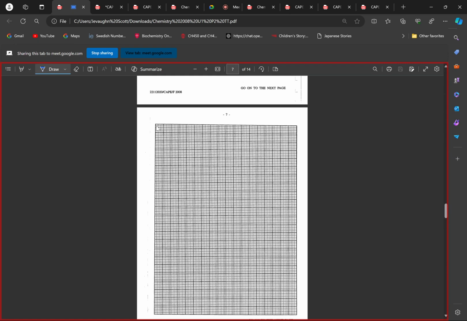So we're going to have the x-axis, right? The thing is, we're plotting time against generally the concentration of the thing, right? So the concentration, CONC, against time, right?